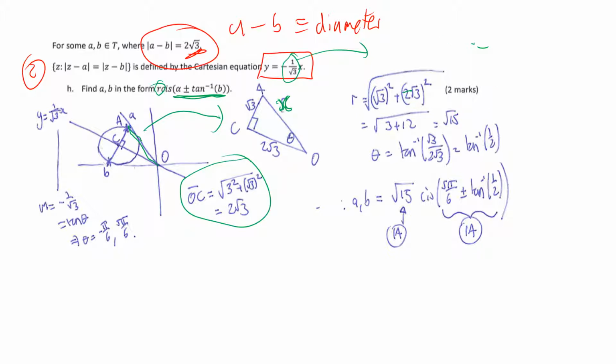So we're just working with Pythagoras there: the square root of √3 squared plus 2√3 squared, and we therefore have the modulus of the point A. The distance of A from O will of course be exactly the same as the distance from B to O. Why? Because OBC is a congruent triangle to OAC, exactly the same triangle, but reflected about that line, y equals -1 on √3 x.